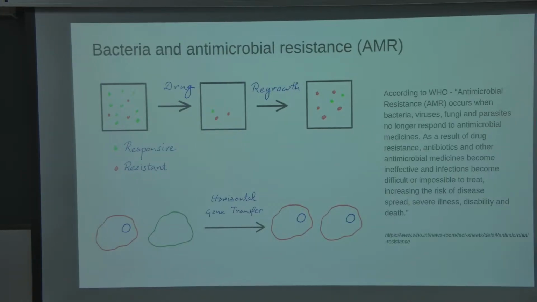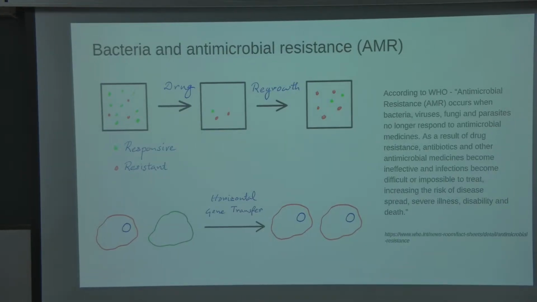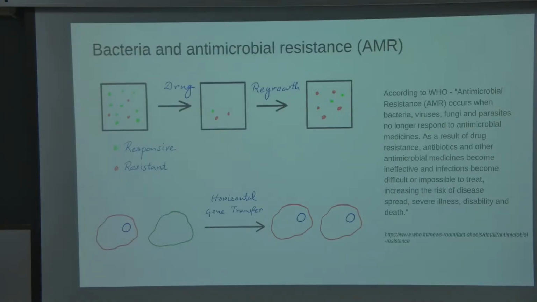You take the antibiotic, which kills most of the bacteria, and if you stop taking it without completing the course, the starting population will now have more resistant bacteria, which will grow in high numbers once the drug has been stopped, and the patient will become unresponsive to the drug that was being given.